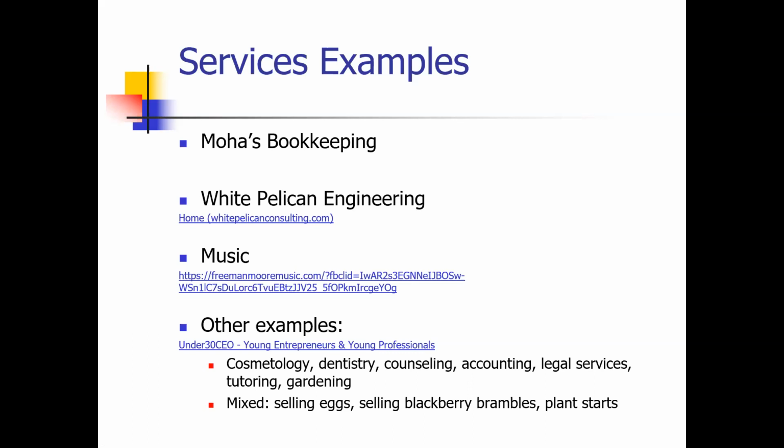I also had a student in the past that sold blackberry brambles. So she had to grow the plant, but then she was sending a product to customers. Plant starts, that's another good one, where you have blueberry plant starts or seeds or any of those types of things as well. So those are all examples.